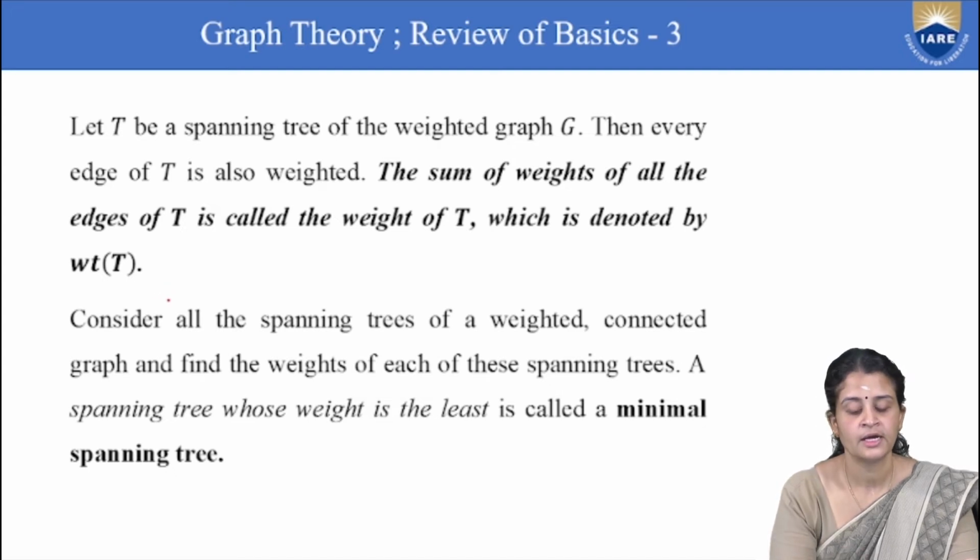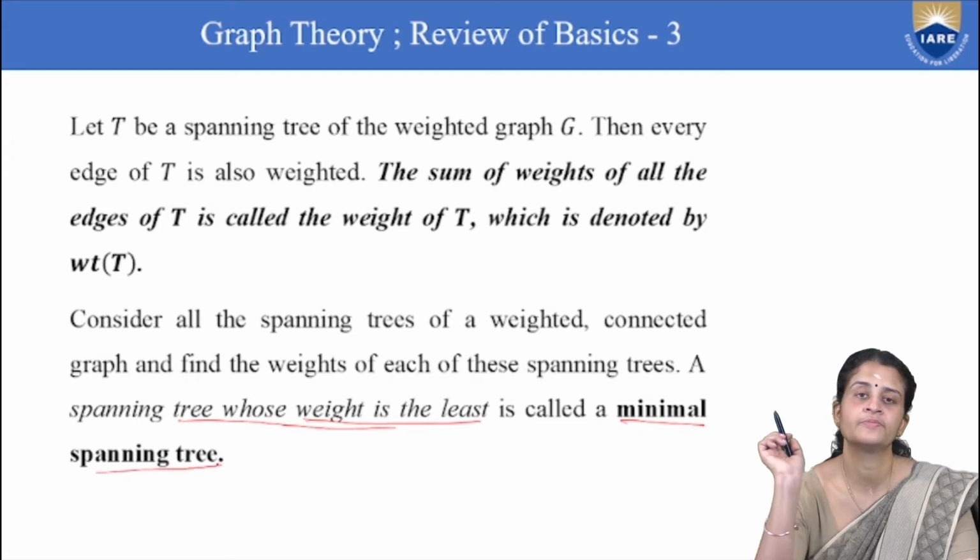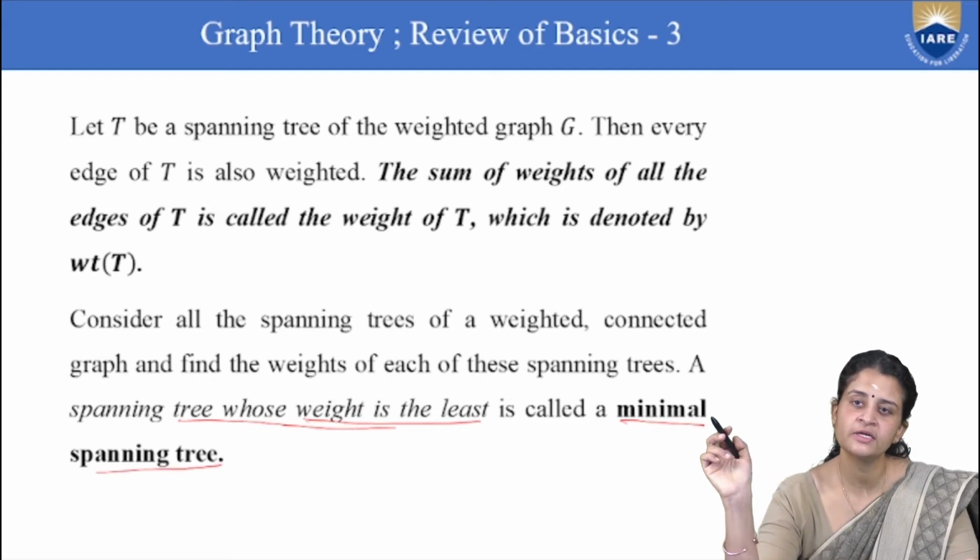Consider all the spanning trees of a weighted connected graph, and find the weights of all these spanning trees. A spanning tree whose weight is the least is called a minimal spanning tree. Okay, what is a minimal spanning tree?